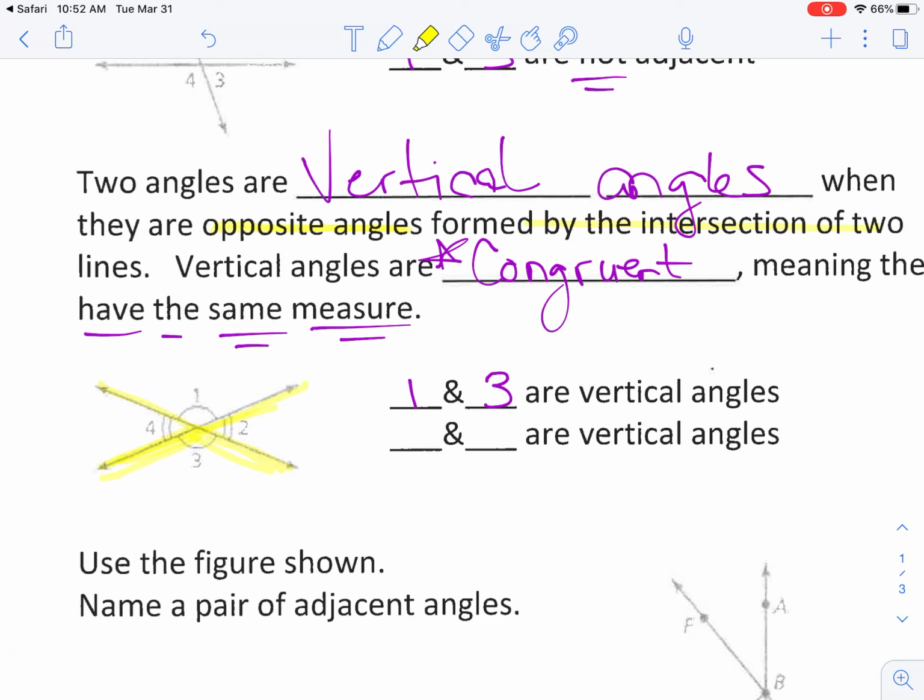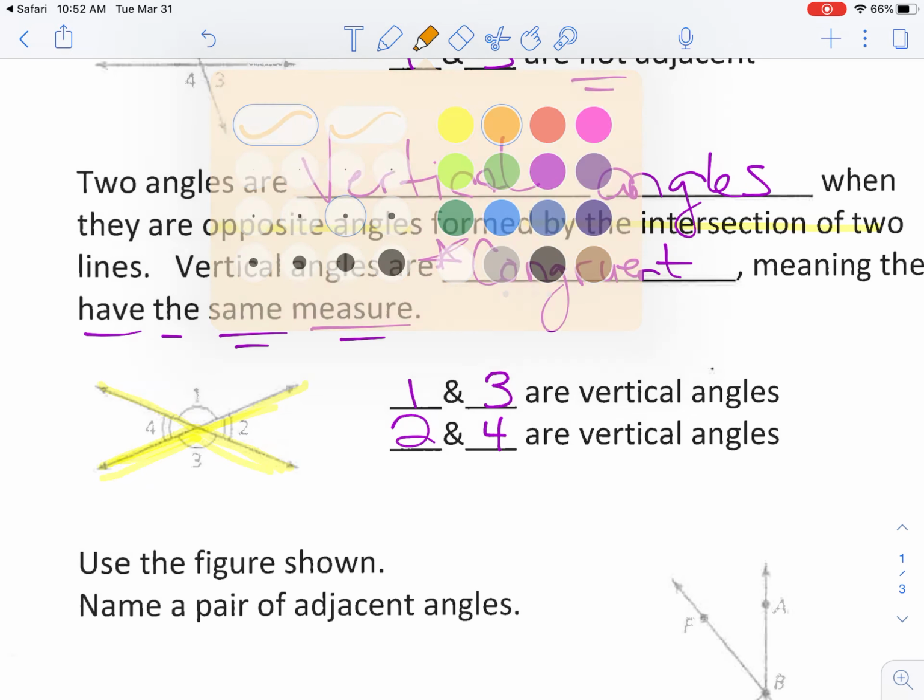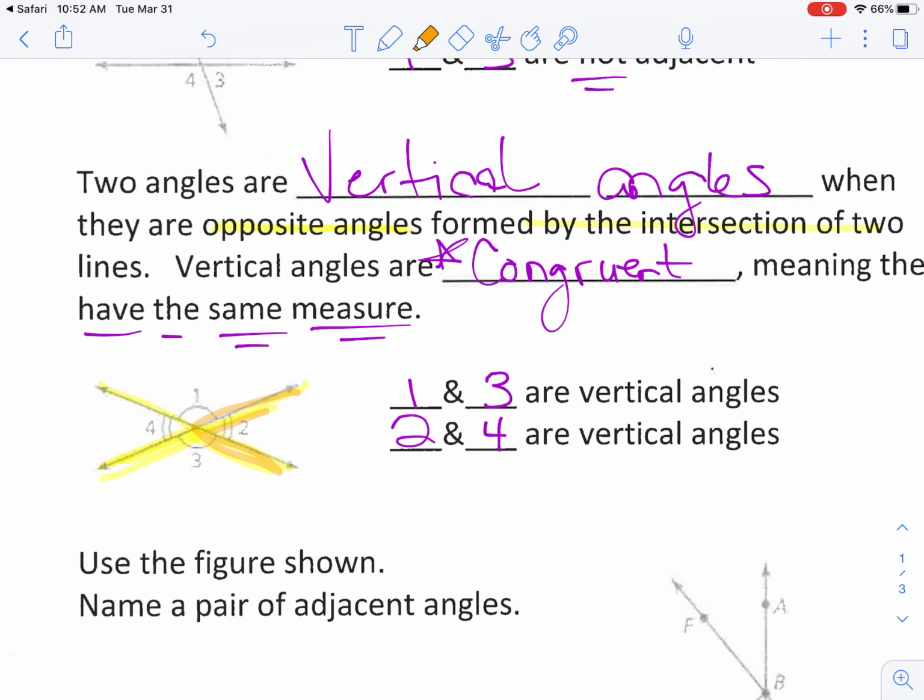So 1 and 3 are vertical angles. Another set of vertical angles we could say is 2 and 4. Here's angle 2, here's angle 4. They're opposite and they are formed by the intersection of two lines. They're also congruent.